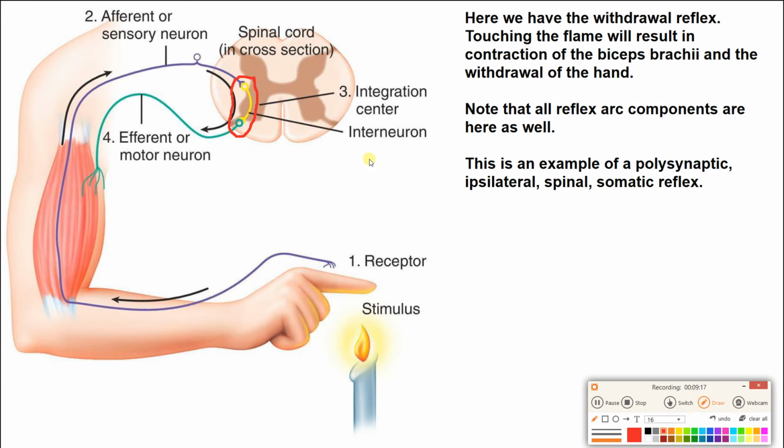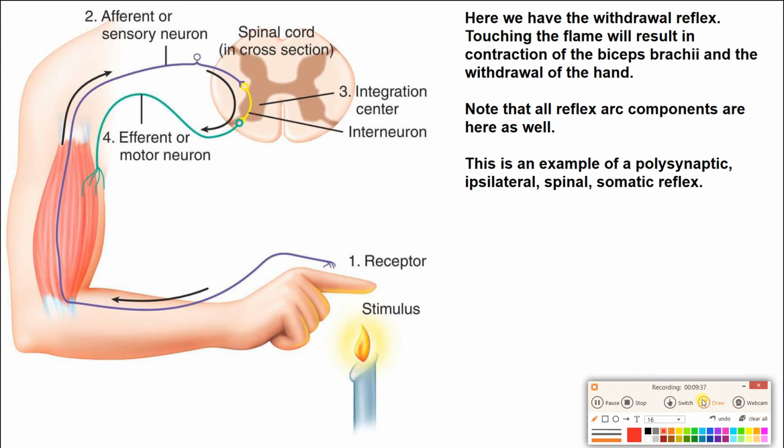So more than one, polysynaptic. It's still ipsilateral, still spinal and somatic because stimulus and response are on the same side, integration is happening in the cord, and a skeletal muscle is the effector. So this is another good example.